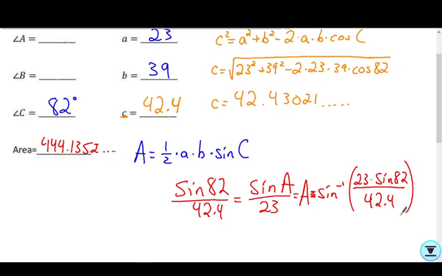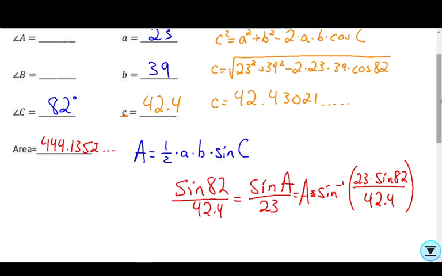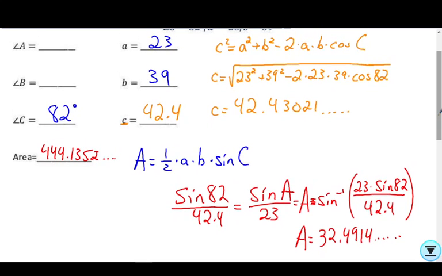And you plug all of that into your calculator, and it gives you angle A, which is 32.4914, yada, yada, yada. So then we know angle A is 32.5 degrees.